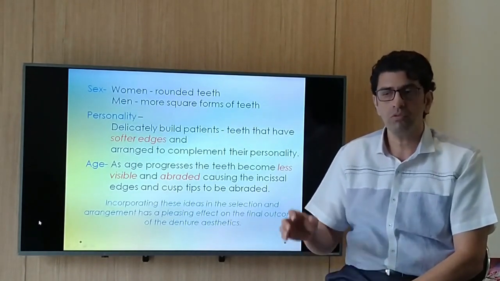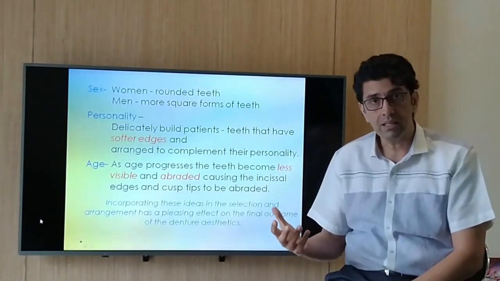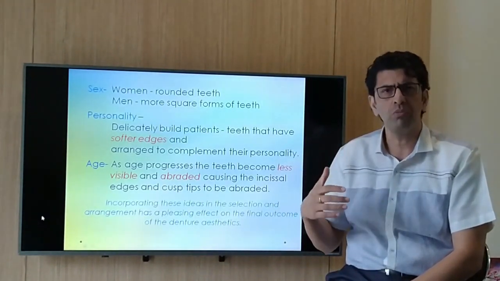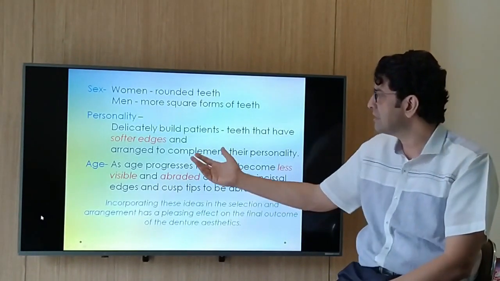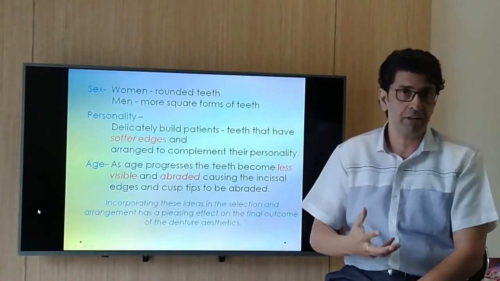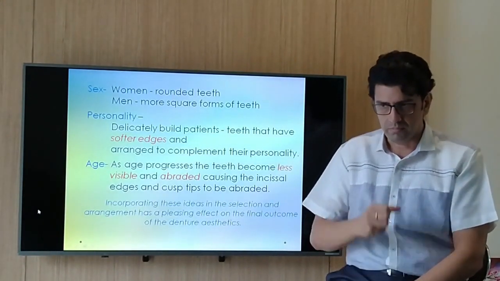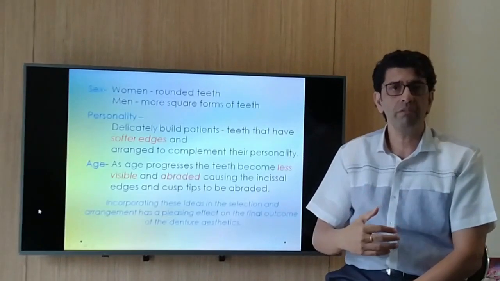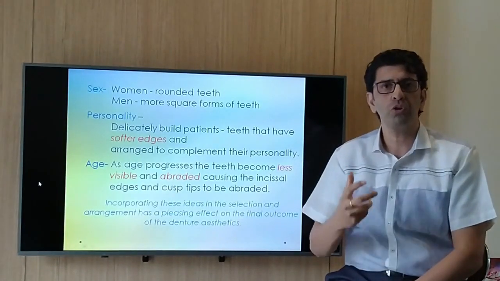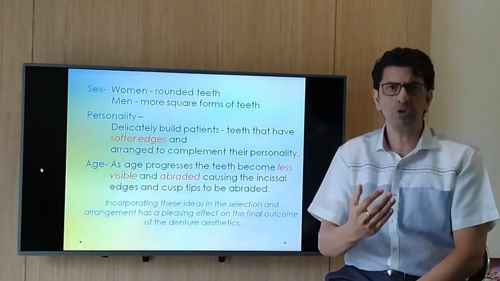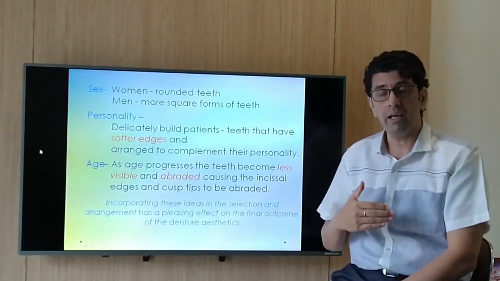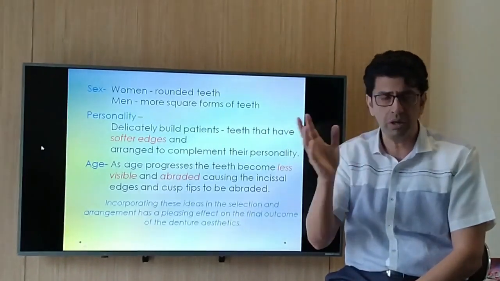So we are looking at the delicately built patient who probably would need teeth that have softer edges and an arrangement that complements their delicate frame, their delicate personality. If you have an athletic, tough male, then you're probably going to look for more squarish teeth and an arrangement that fits that personality, and vice versa.